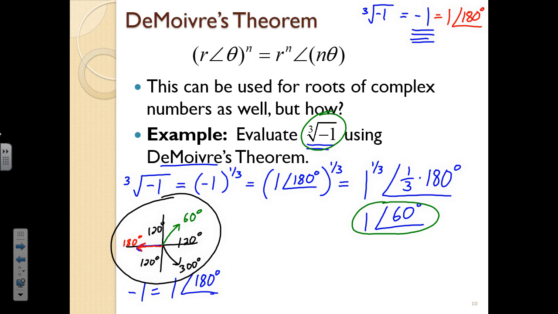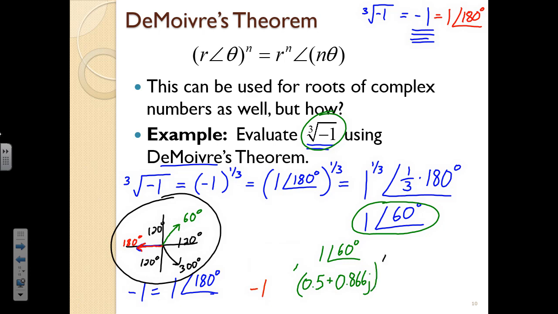They are 1 at 180 degrees, which we know as being -1. The next one is 1 at 60 degrees. If you put that into rectangular form, it turns out to be 0.5 plus 0.866j.